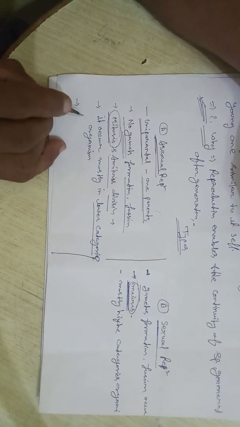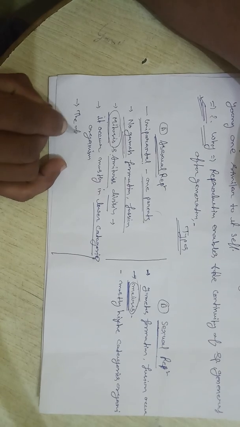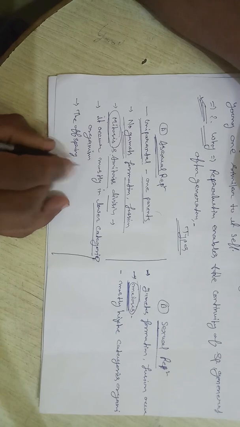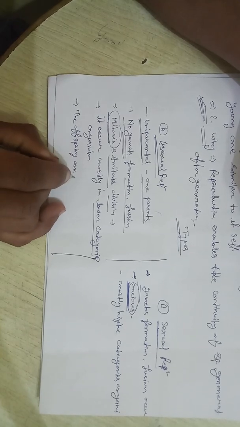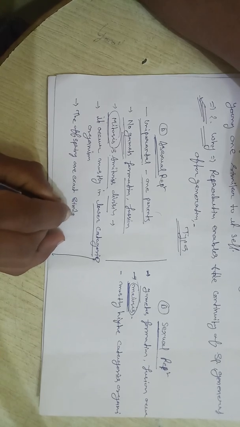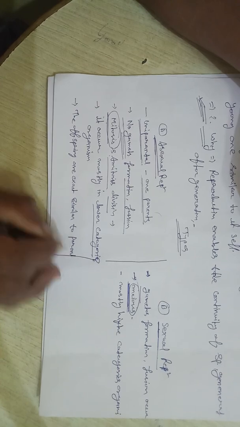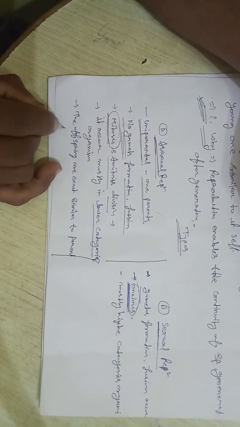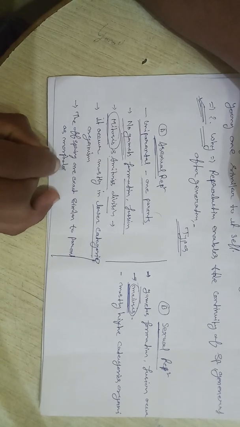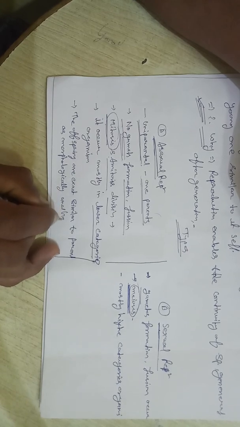The offspring which are formed by asexual reproduction are exactly similar to the parents, morphologically and genetically.